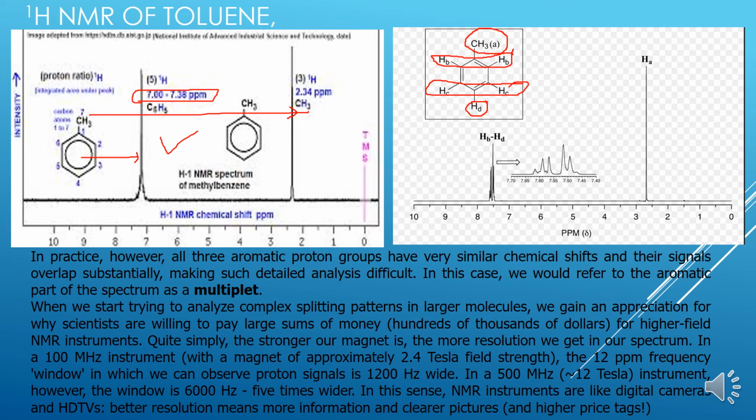The methyl group of toluene is observed at 2.34 ppm. This is the more shielded region. CH3 groups are observed in the more shielded region, and aromatic protons are observed in the less shielded area.